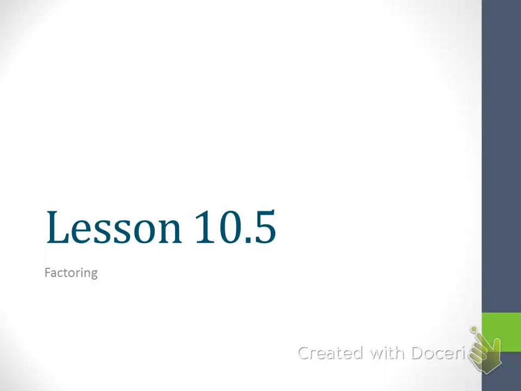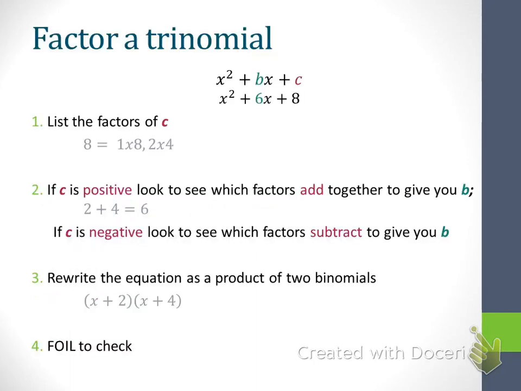Lesson 10.5 is factoring, and that's what we're going to be working on today: how to factor a quadratic equation. Right before spring break, we were used to seeing a problem that looked a lot like this one.